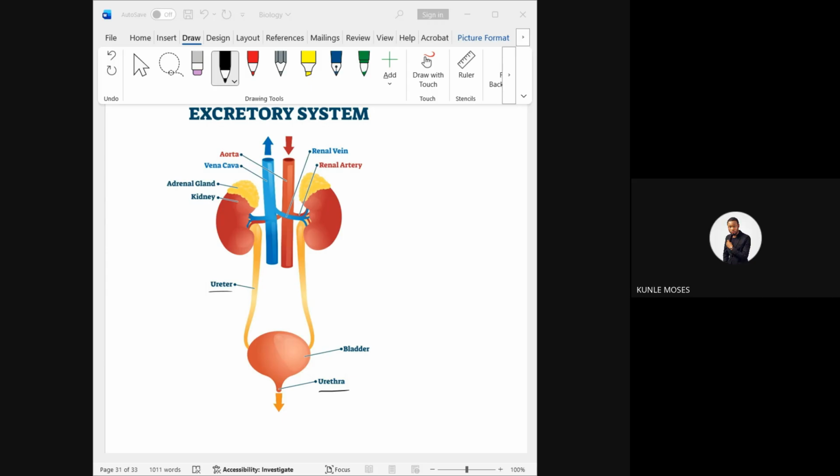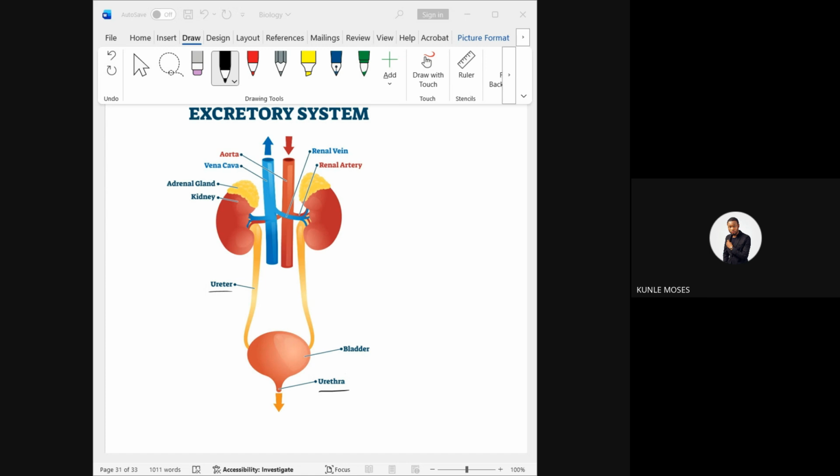So we have different organs in the excretory system that help in excretion. Are you with me? Yes. So in this excretory system, I told you they can ask you to identify some components or individual organs in this diagram.